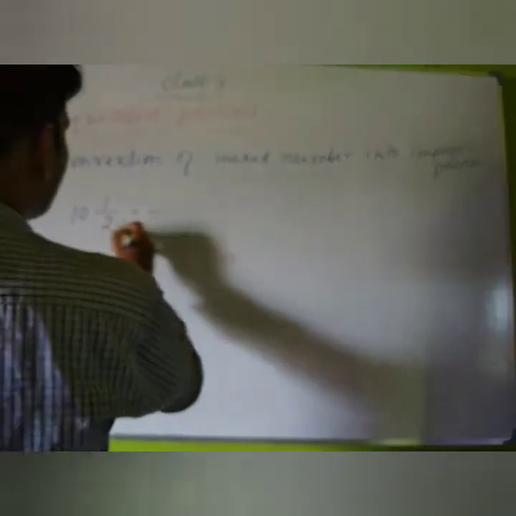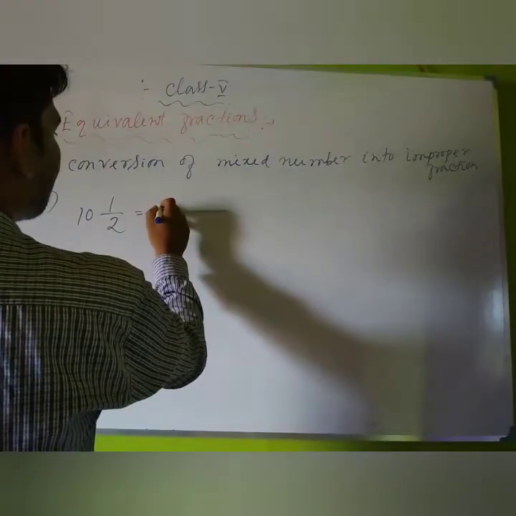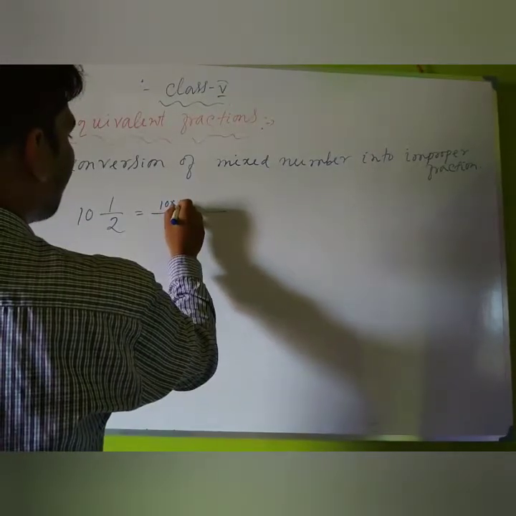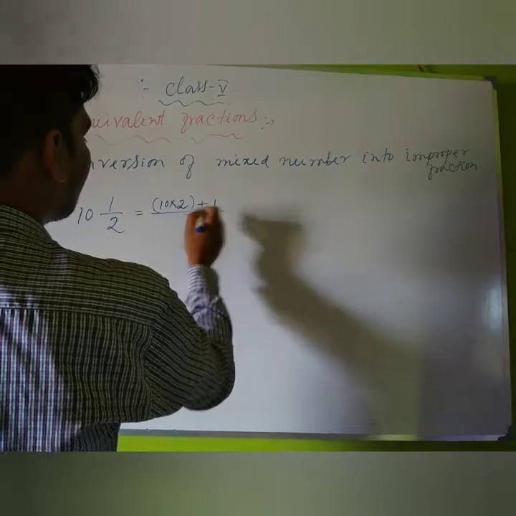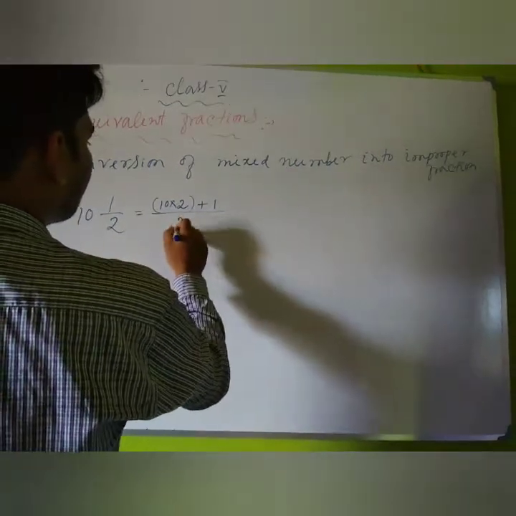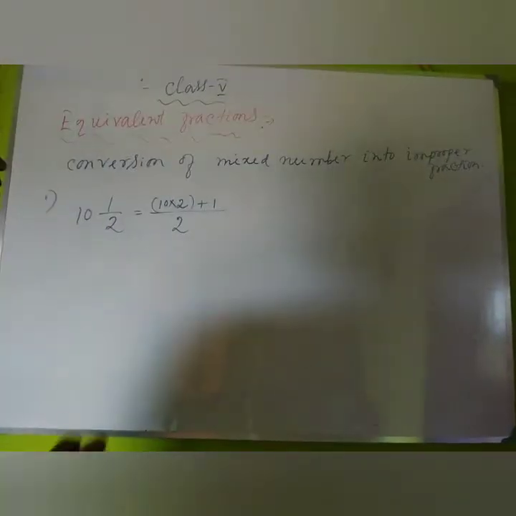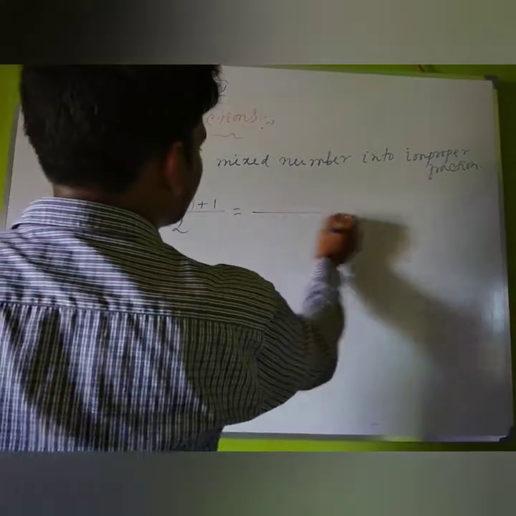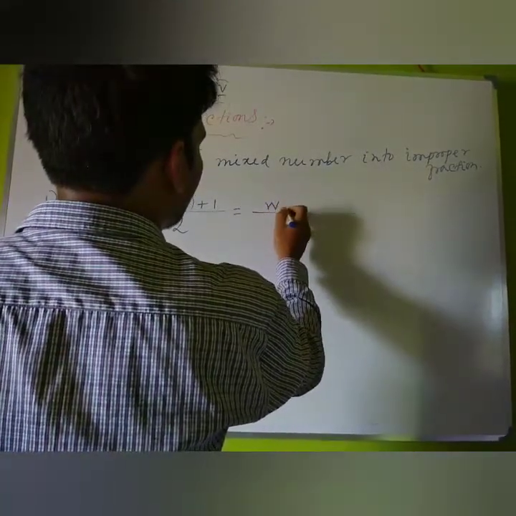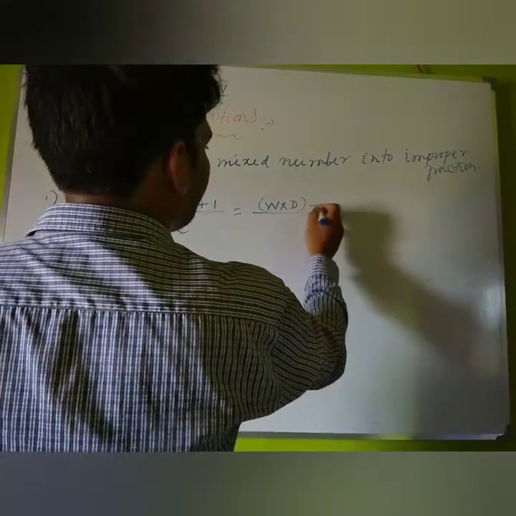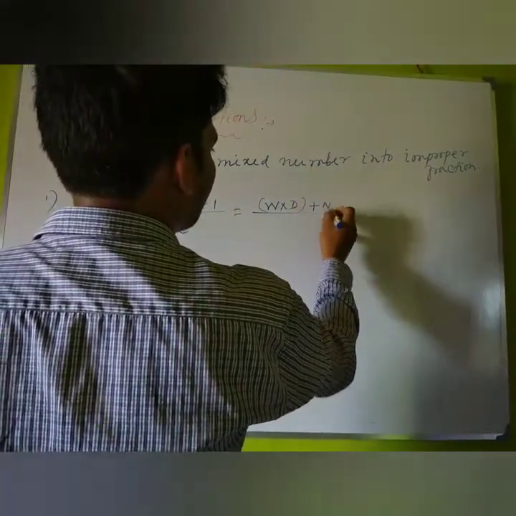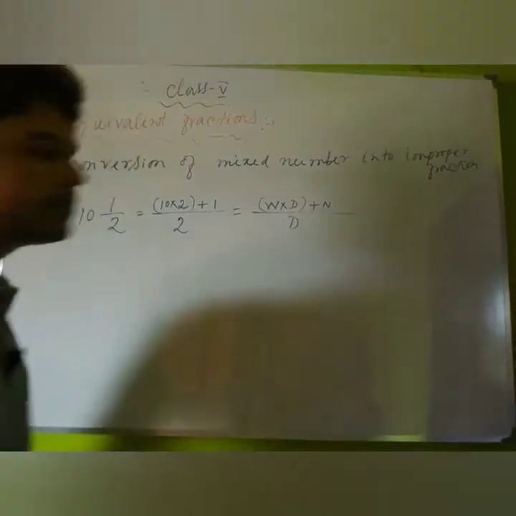Simple process. You have to multiply the whole number by the denominator and then add the numerator. That means the formula is whole number multiplied by the denominator, then add the numerator, and the denominator will be the same.